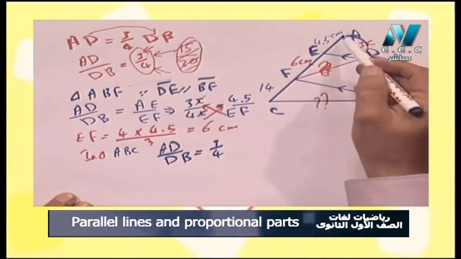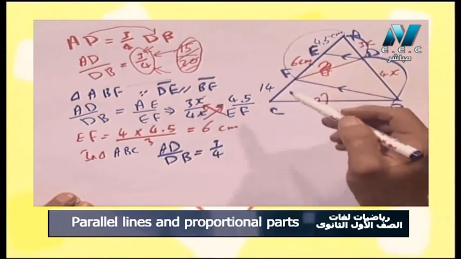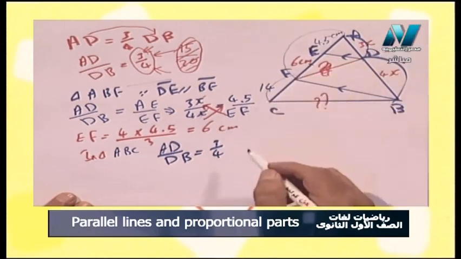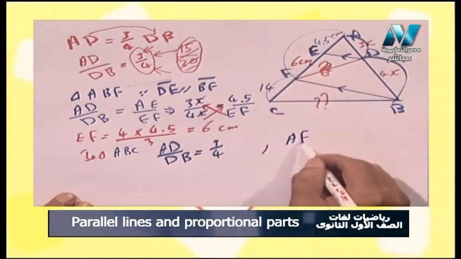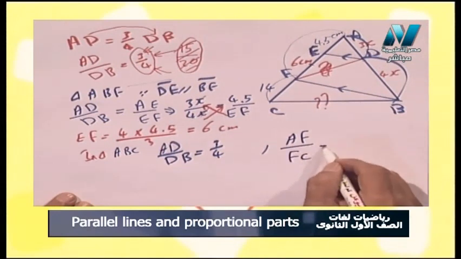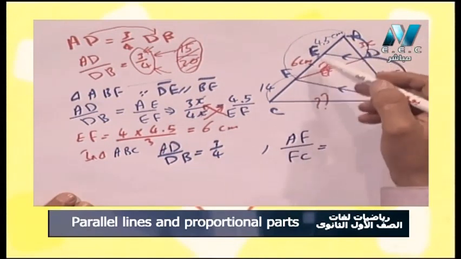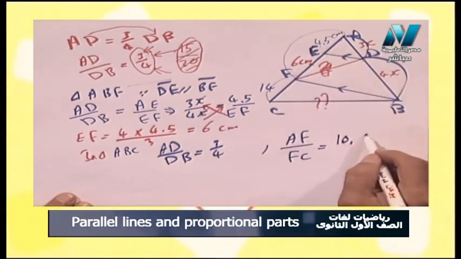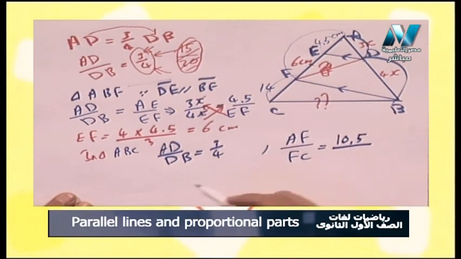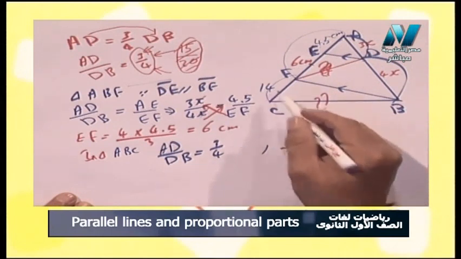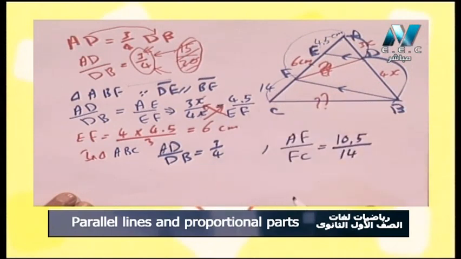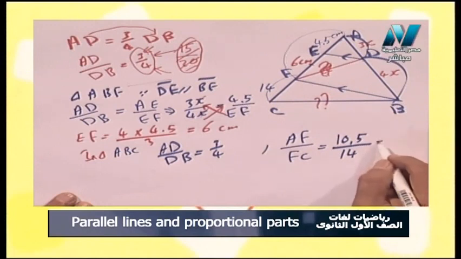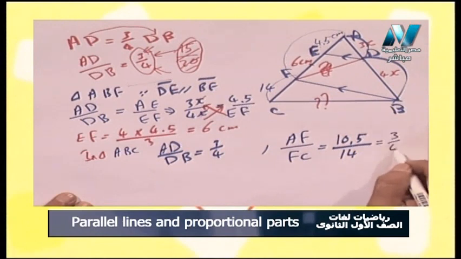And here we say AF over FC. AF here equals 4.5 plus 6, so it's 10.5 over FC, which is 14. You can use your mind or your calculator to find out that the answer will be 3 over 4.